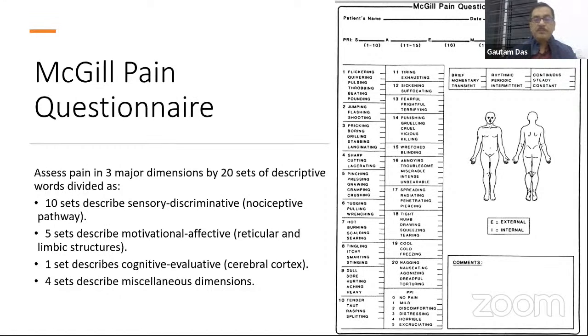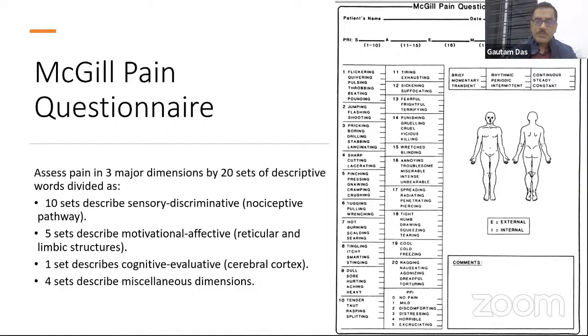Instead, in our clinic, we assess the emotional affective component by using another tool, either the PHQ-9 tool or the HADS scale. With that, we try to understand the emotional or motivational affective component.